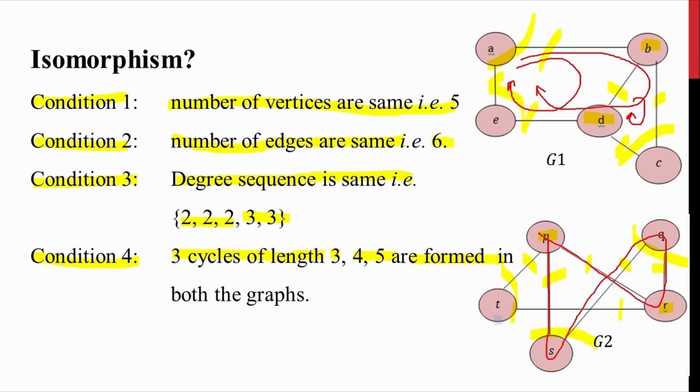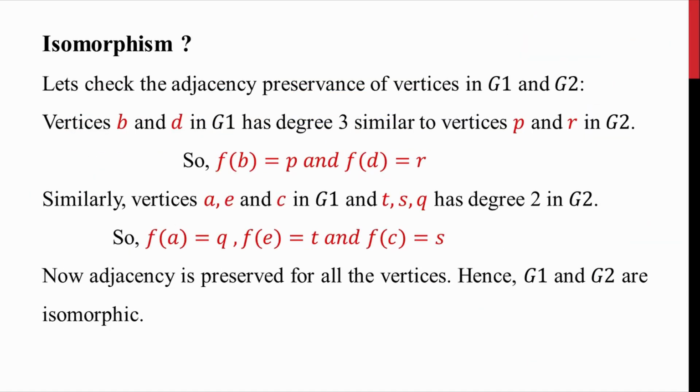Hence the necessary conditions are satisfied, but still the graphs need to have the same adjacency matrix. So here we check whether the two graphs G1 and G2 are isomorphic if their geometric duals are isomorphic.